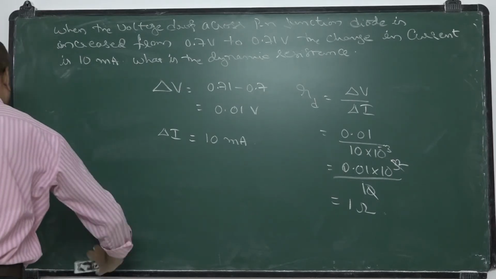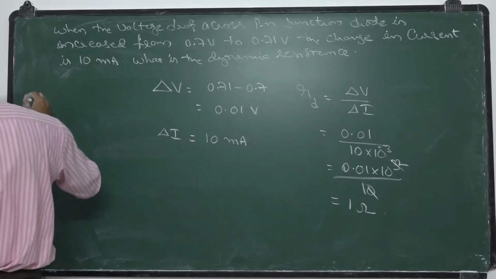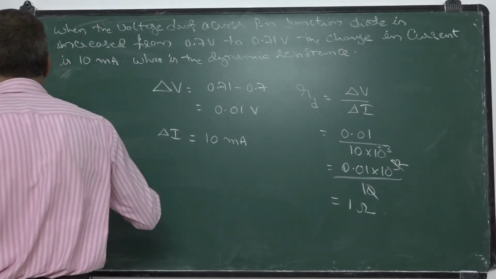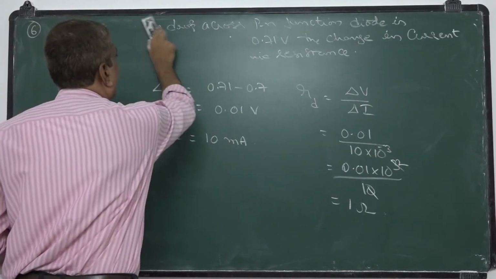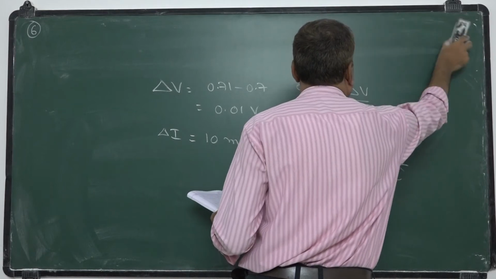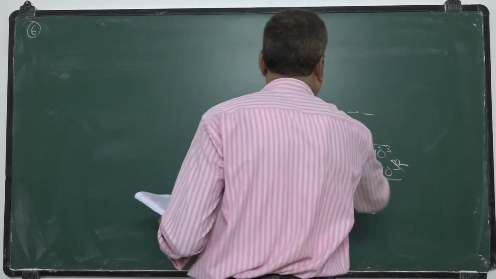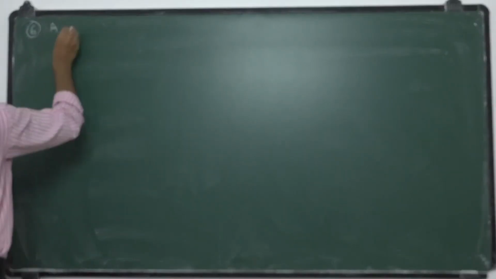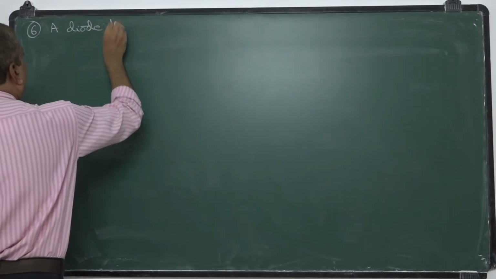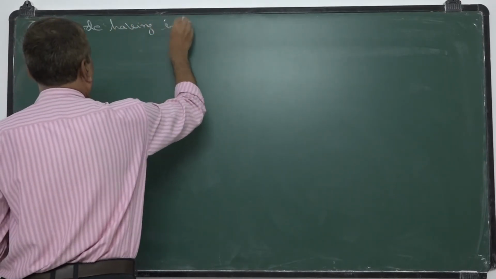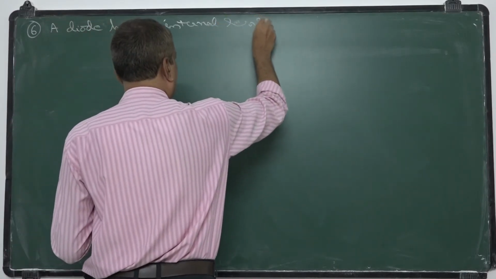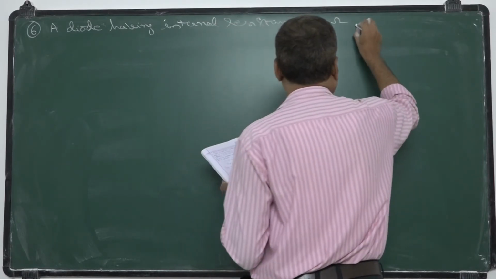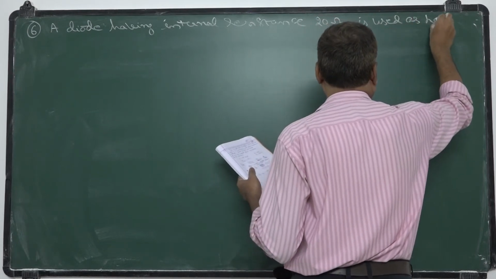Now the sixth one. A diode having internal resistance 20 ohm is used as half wave rectifier.